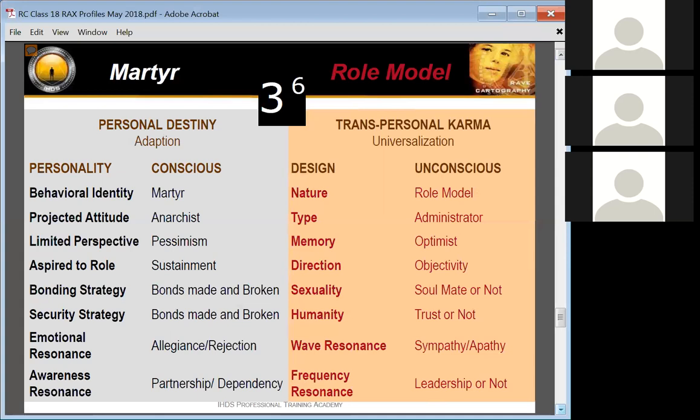So you could say they're the role model who will not give up the search for perfected bonds that will last. If you've got bonds made and broken, what keeps them going is that, yeah, but you might find that soulmate. Soulmate is that perfected mate, the one that probably never will exist, but there's an optimism for it.